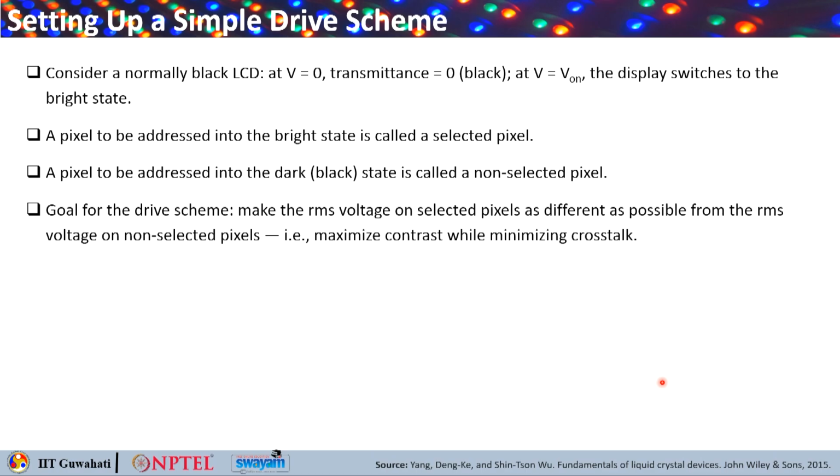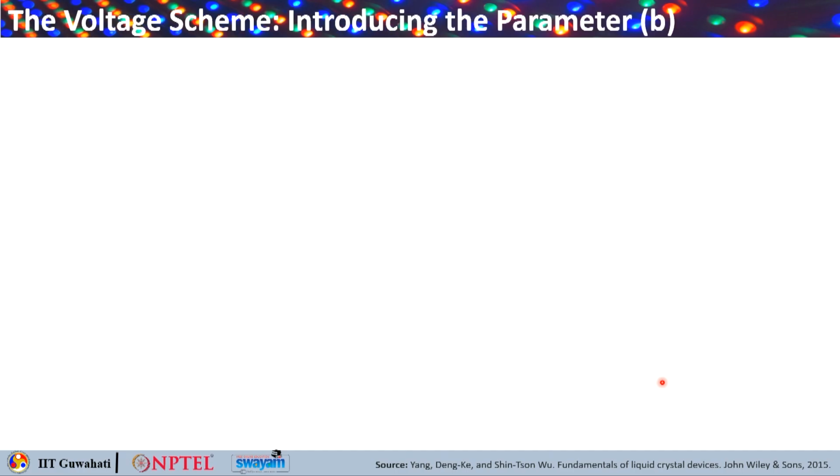Our goal is to make the RMS voltage on selected pixels as different as possible from the RMS voltage of the non-selected pixels. That means you are maximizing the contrast while minimizing the crosstalk. So here we will lay out the specific voltage scheme whose consequences we will derive algebraically.